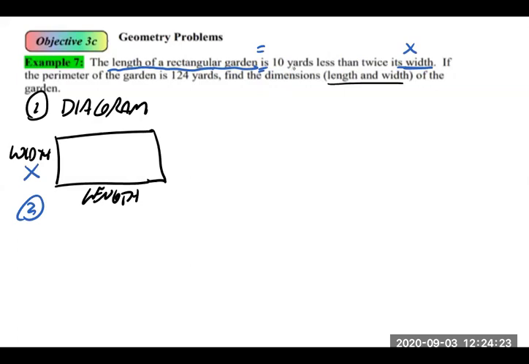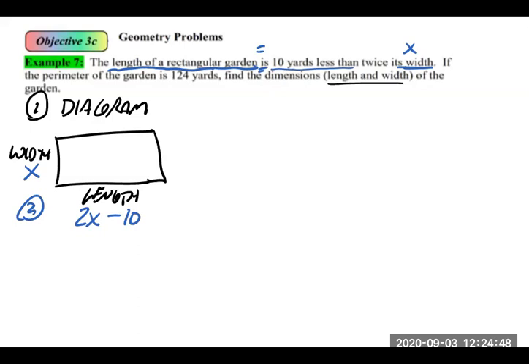It says it's 10 yards less than twice x. So 10 yards less than means I'm going to subtract 10 from twice the width, which would be 2x. So again, I'm using a direct relationship. I know I'm looking for length and width of a rectangle. How are those quantities related to each other? That's where I come up with x and 2x minus 10.